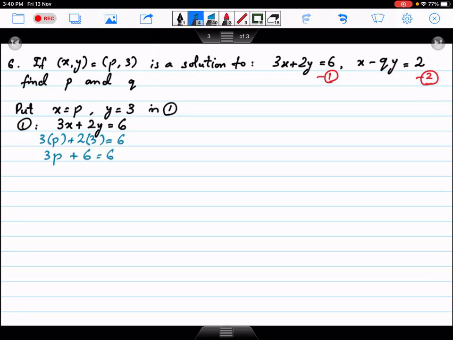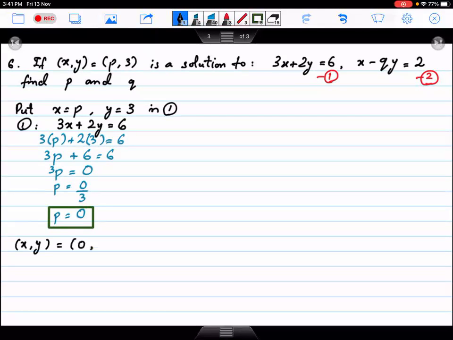So 6 is here being added, it will go there and it will be subtracted. So it becomes 0. Now 0 divided by 3, 0 divided by something is basically 0. So now we have the value p is equals to 0. So basically now we have x comma y equals to 0 comma 3. So basically x comma y, that is p comma 3, was the solution to the given set of equations.